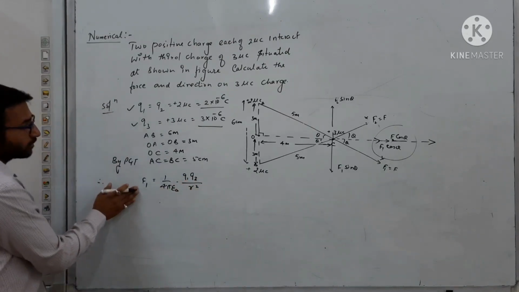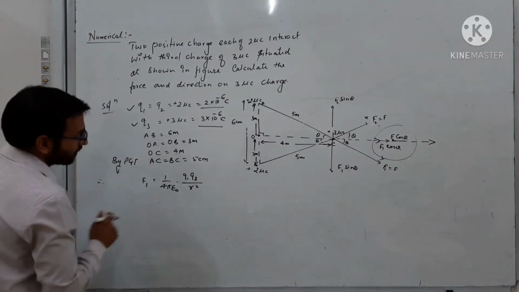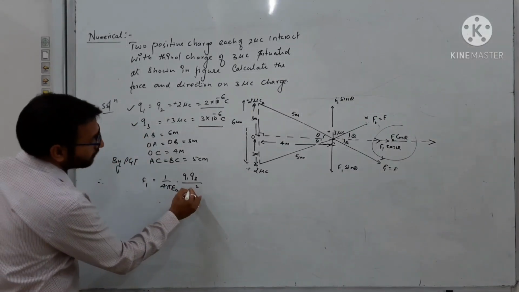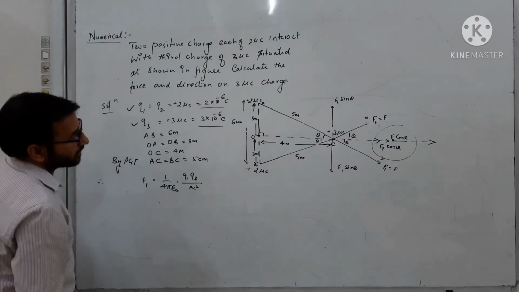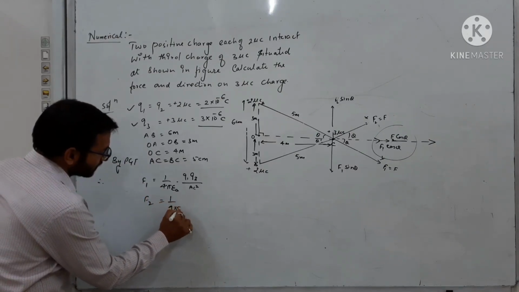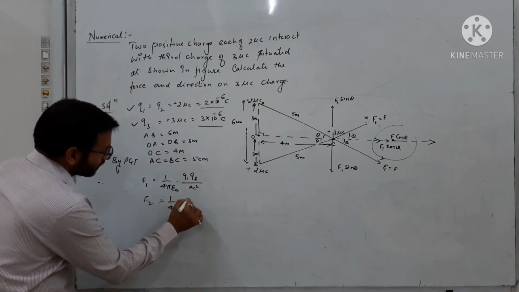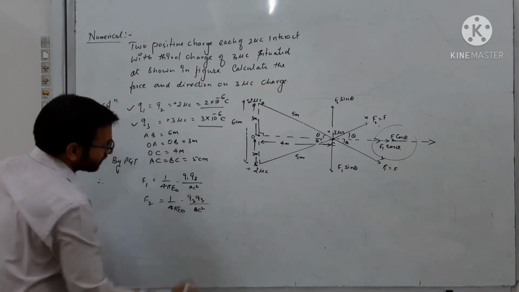This is the force applied by the charge at A, so in place of R we write AC square. Similarly F2 is also 1 over 4 pi epsilon naught, Q2 Q3 over BC square.